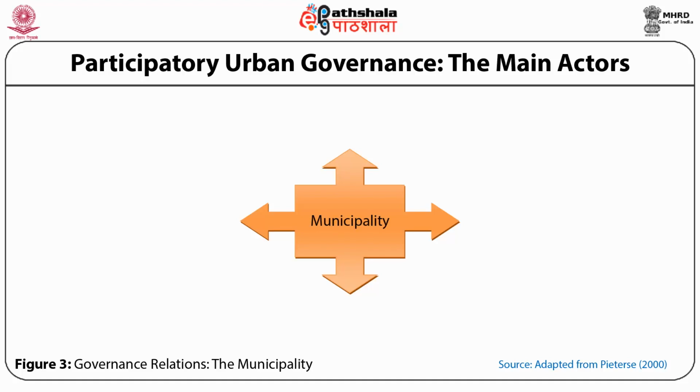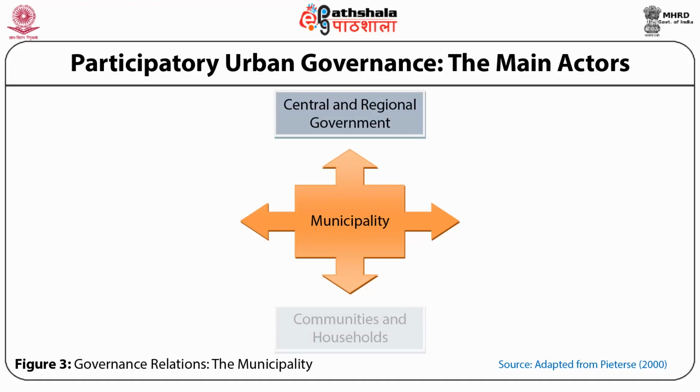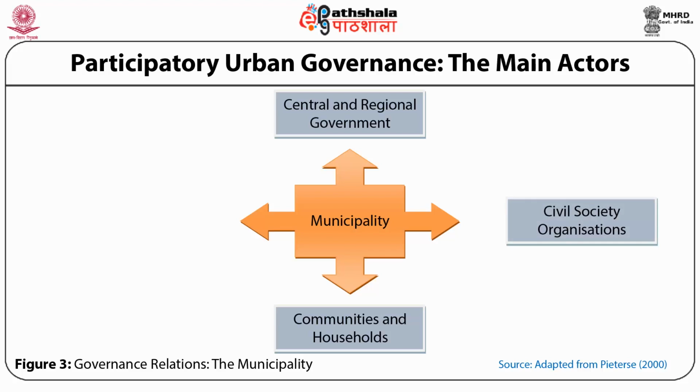Vertically, municipalities engage upwards with higher tiers of government and various state agencies such as utility companies and parastatals, and downward with communities and households. Horizontally, municipalities engage with other municipalities, local agencies of national ministries, and parastatal, civil society organizations and the private sector.